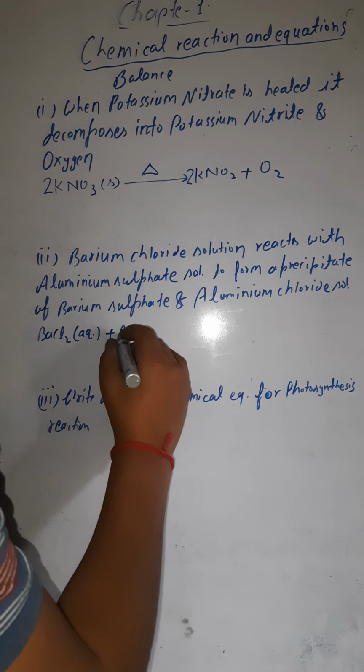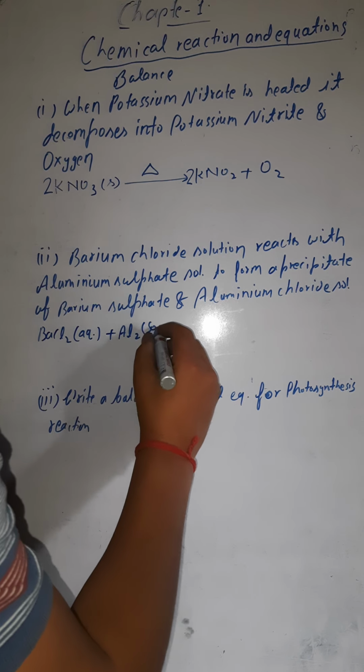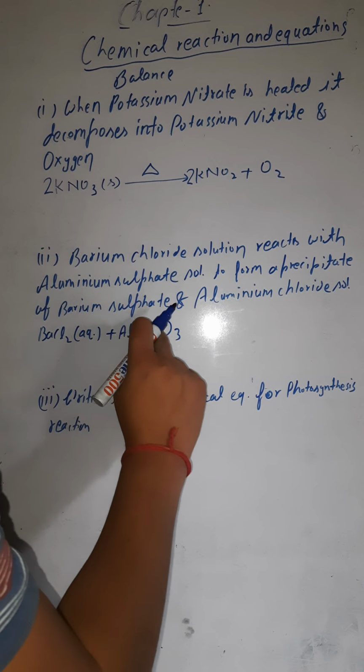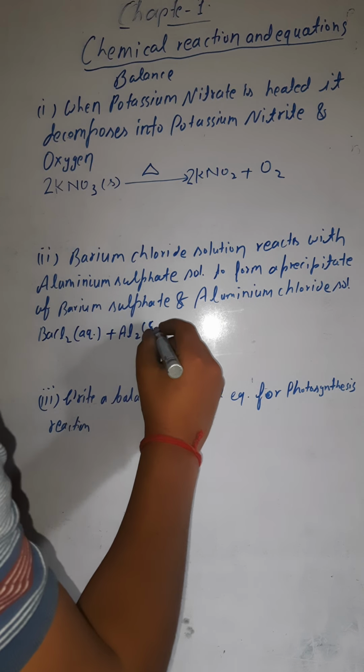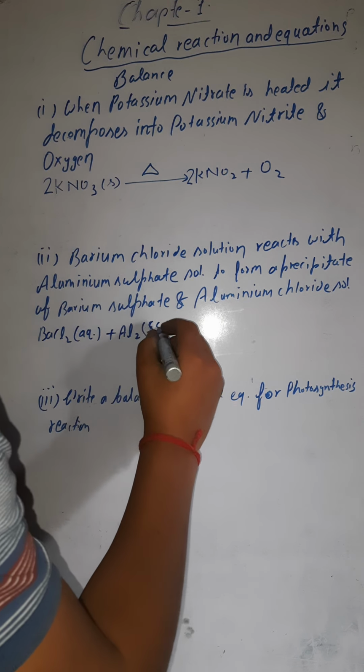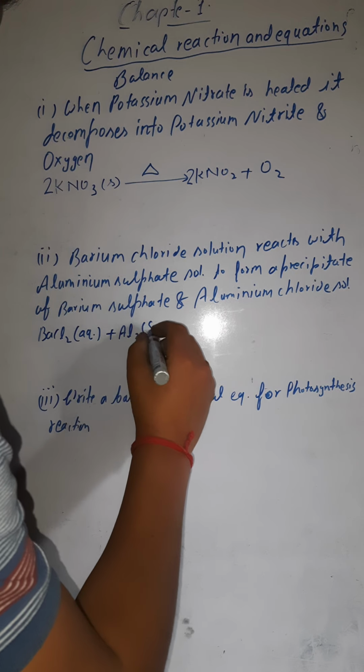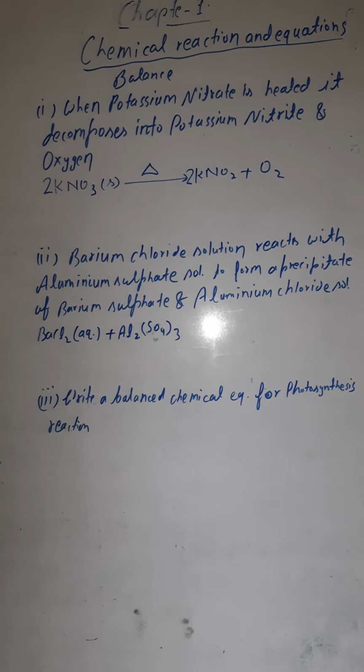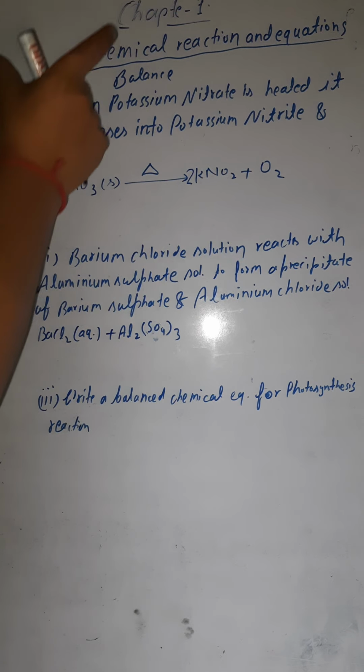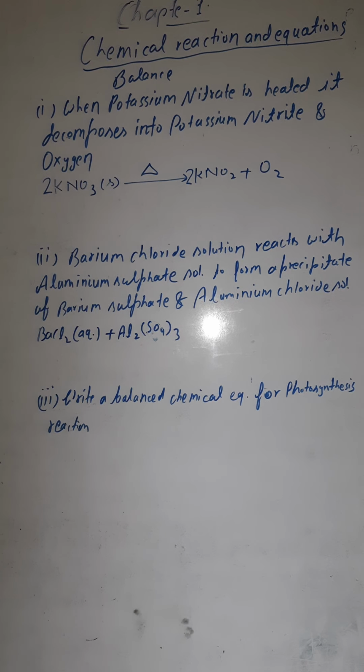Aluminium sulfate is Al2(SO4)3. You must be writing all the chemical formulae somewhere. I have told you earlier also, keep writing the names and their chemical formulae.